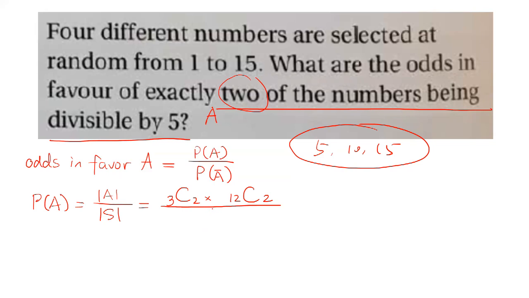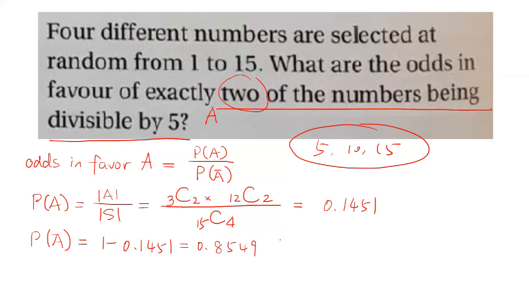Okay, so how about the sample space? The sample space is simply the total number of ways we can complete the task. Completing the task is to choose 4 from the 15, right? Okay, so this is the probability of this event, which is 0.1451. So the probability of the complement is, of course, 1 minus 0.1451, which is 0.8549, right?